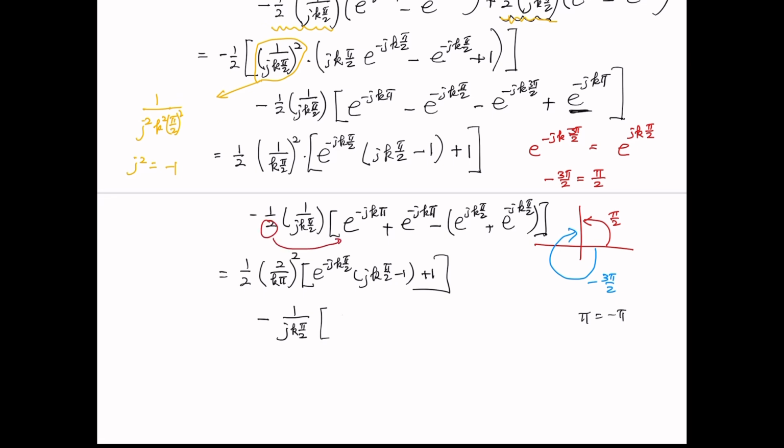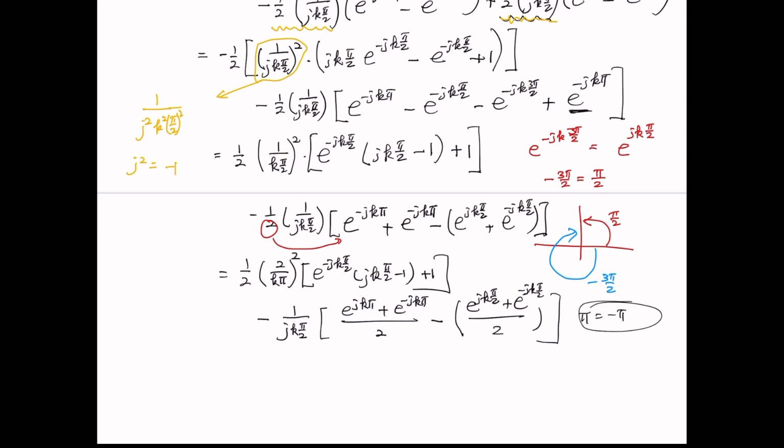Then we have e to the jkπ plus e to the negative jkπ/2 minus e to the jkπ/2 plus e to the negative jkπ/2, over 2. I changed from negative jkπ to positive jkπ because π equals negative π.